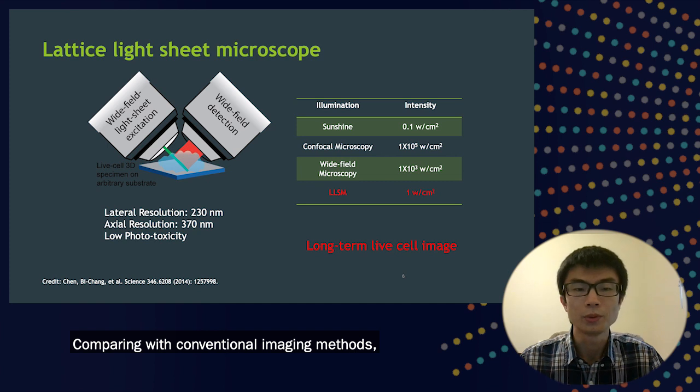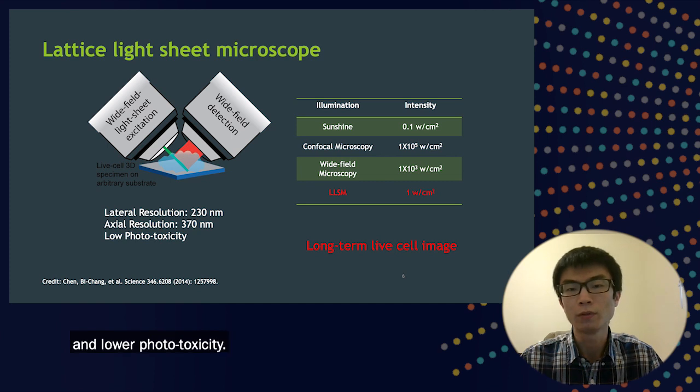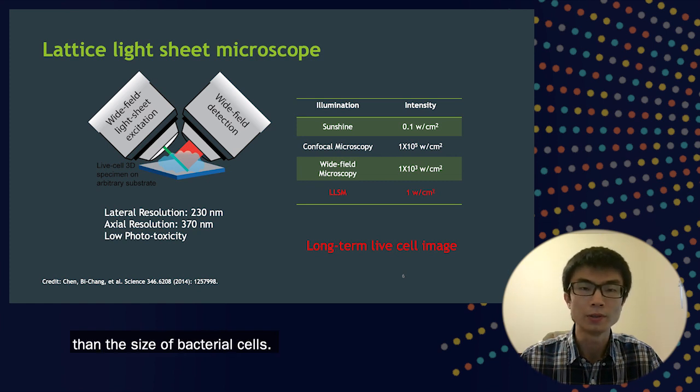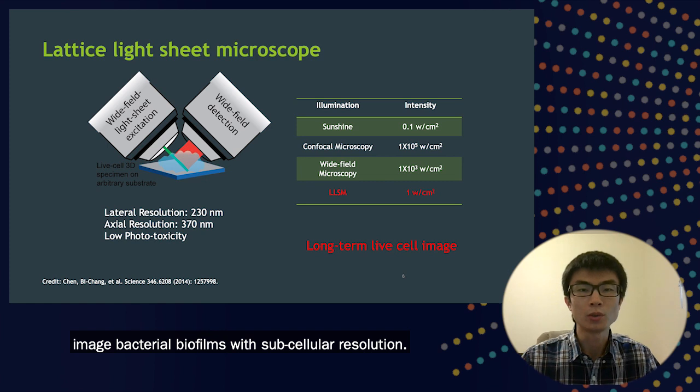Compared to conventional imaging methods, the Lattice light sheet microscope has higher resolution and lower phototoxicity. The resolution of the Lattice light sheet microscope is in the range of 200 to 300 nanometers, which is smaller than the size of bacterial cells. Therefore, it can image bacterial biofilm with subcellular resolution.